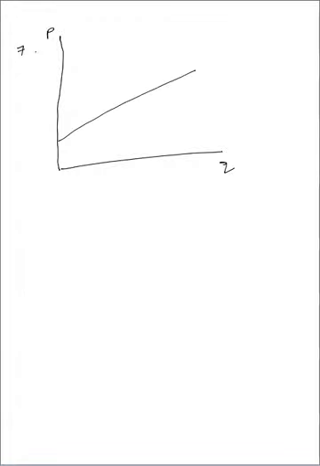So we can draw the diagram: this is P and this is Q, this is S and this is D. Now there are three regions over here.